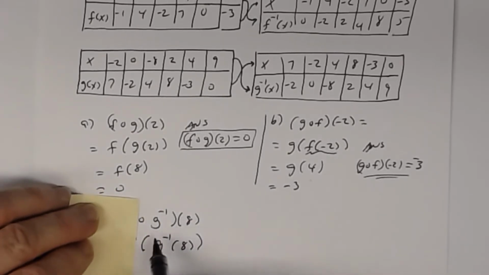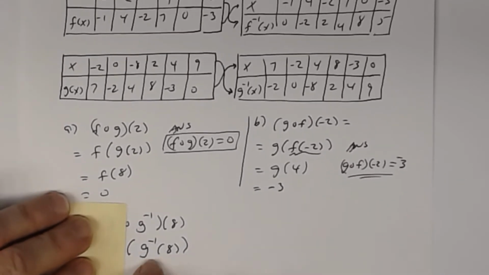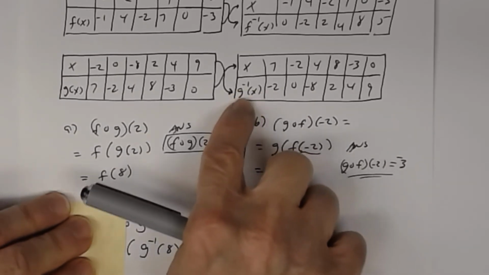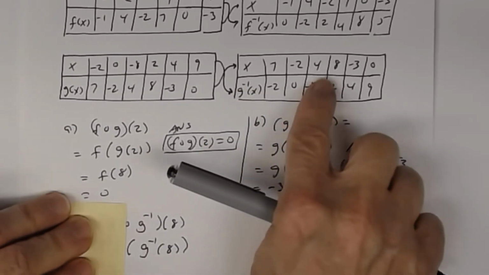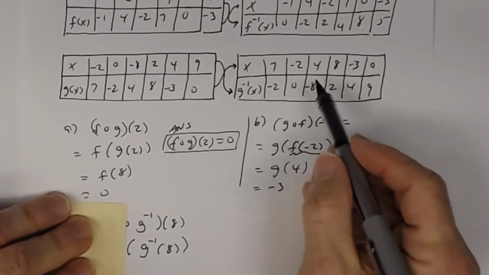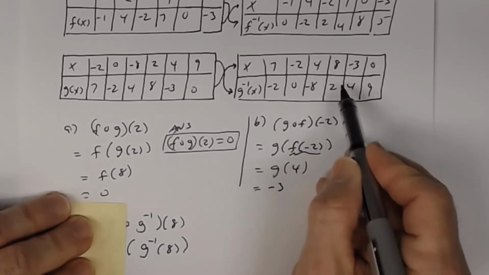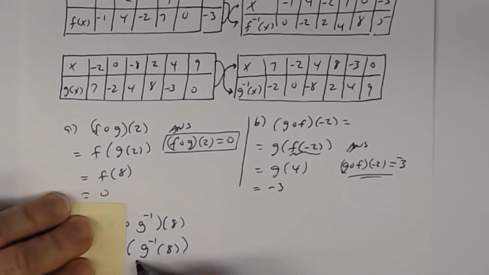See, this part here is this, okay? All right, now we got to find g inverse of 8. So make sure you go to the correct table. So I got to go to my g inverse table. That's this one, you see it? So when x is 8, so we see x, here's your x row. So when x is 8, g inverse of 8 is 2, okay? 2. So this is 2 here.